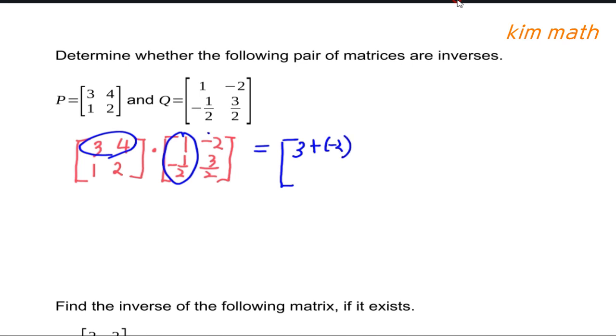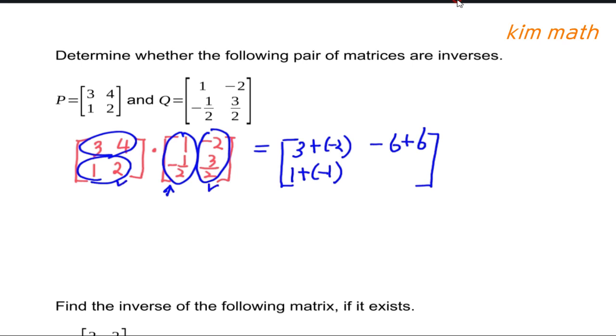How about the first row and second column? 3 times negative 2 is negative 6. 4 times 3 over 2 is positive 6. Now second row and first column. 1 times 1 is 1 plus 2 times negative 1 is negative 1. Now second row, second column. 1 times negative 2 is here, and 2 times 3 over 2 is 3.